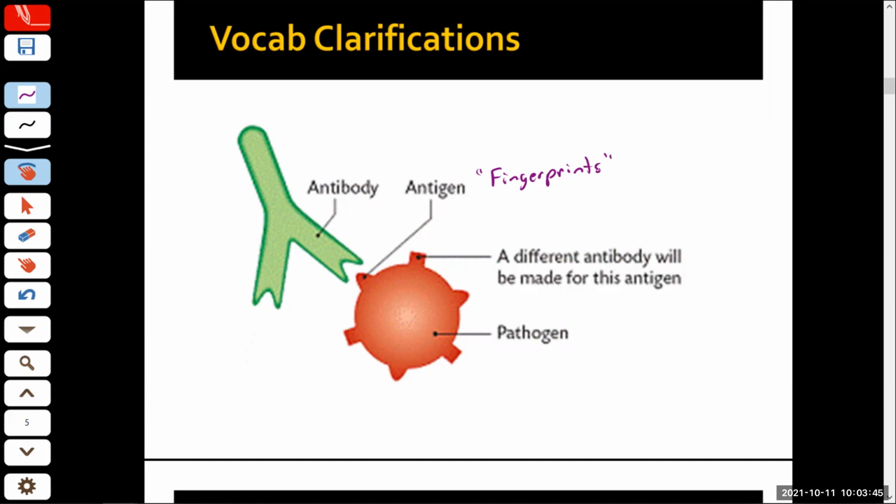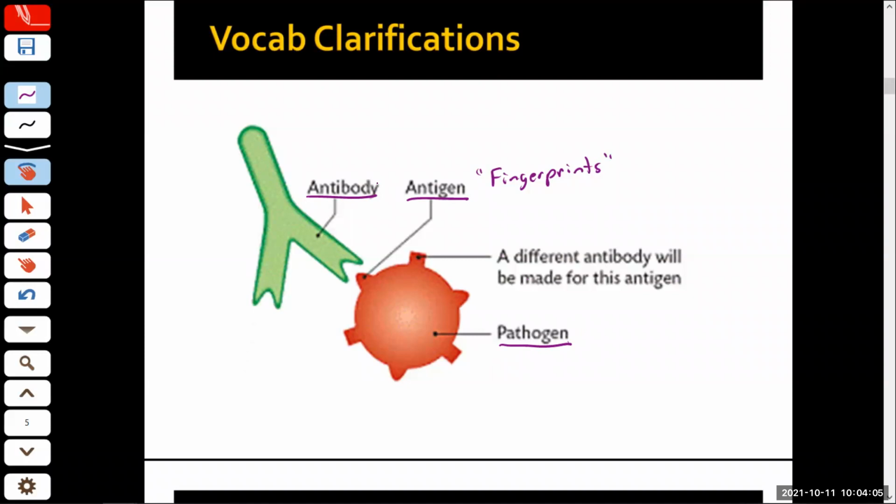Staph has a certain set of antigens, flu, etc. Antibodies are things that you make to identify these antigens. So, just clarifying the terms pathogen, antigen, and we will talk about antibodies.